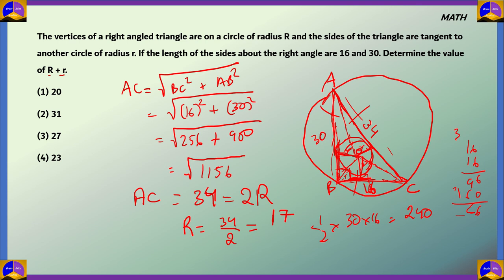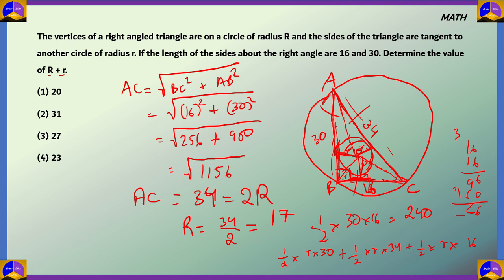And so the whole area would be 240. Now applying the formula in ABO, that is half times r times 30, r is the height, 30 is the side, plus half times r times 34 on AC, plus half times r times 16.